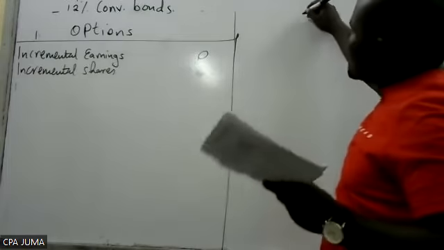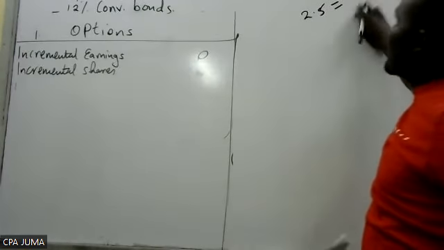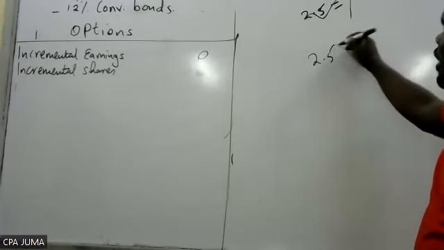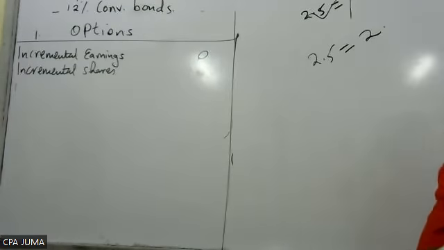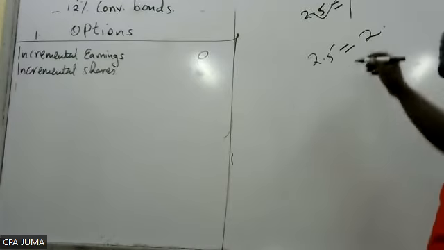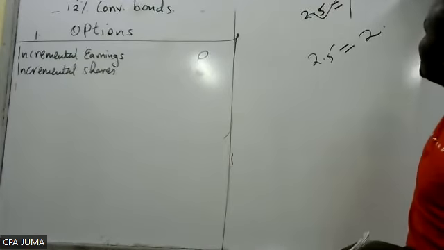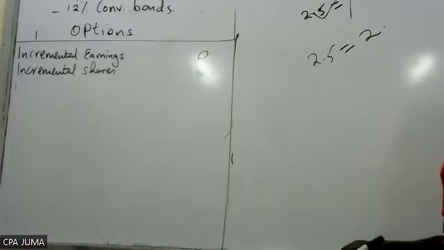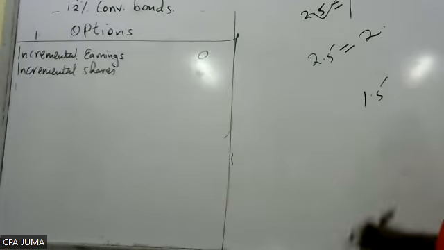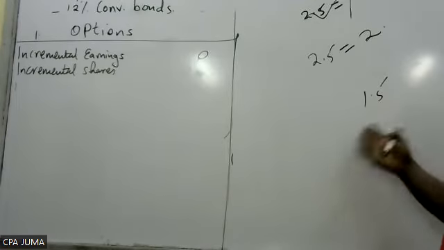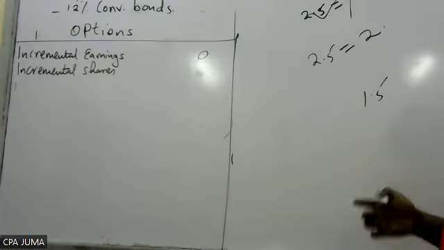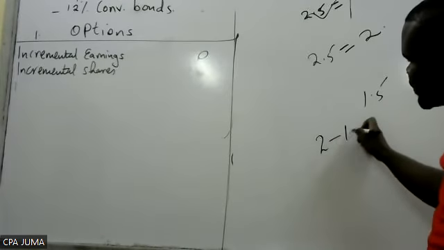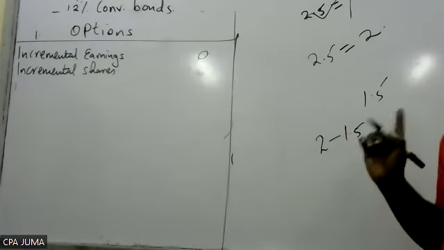So the average market price for the whole year, they were trading at shillings 2. But these people are told to exercise at 1.5. So they are being enticed, because they are being told to take them up at 1.5, to take more. So the incremental, you say 2 minus 1.5. Don't say it's a decrease.